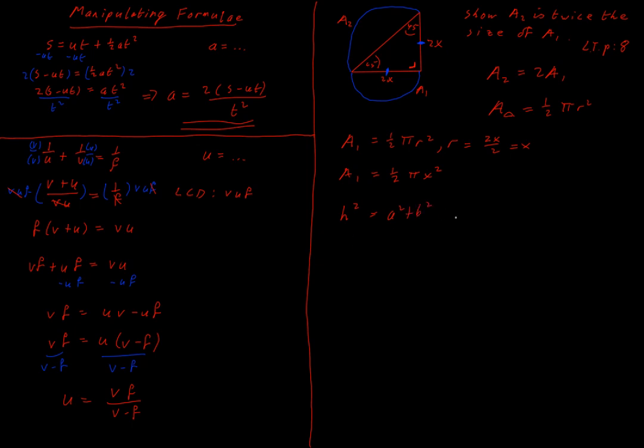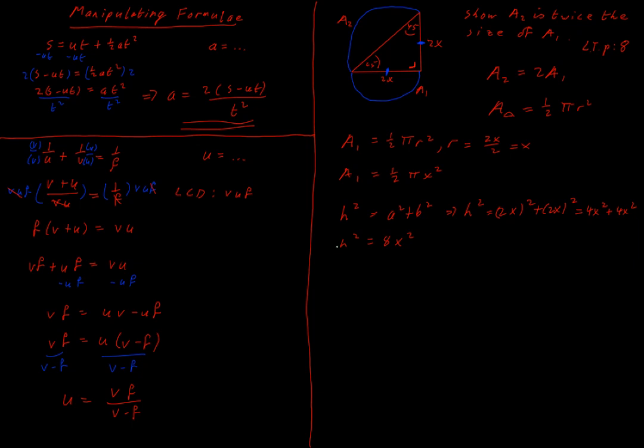Well, in this case, my a squared and b squared are 2x in both cases. So I end up with 4x squared plus 4x squared. So h squared is equal to 8x squared.